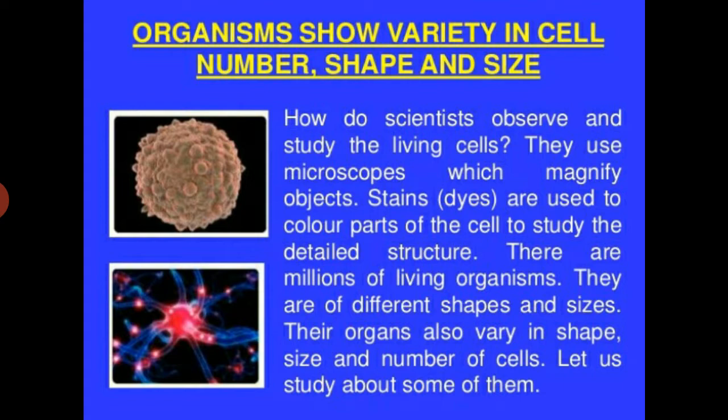How do scientists observe and study the living cell? They use a microscope. Without a microscope we can't see cells. Stain dyes are used to color parts of the cell to study the detail in a structure.